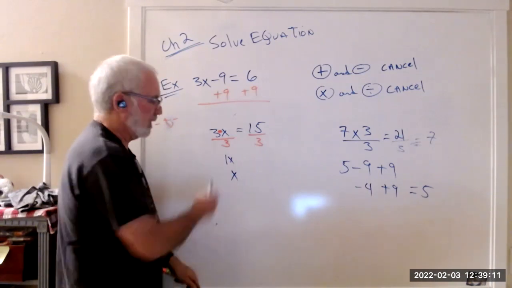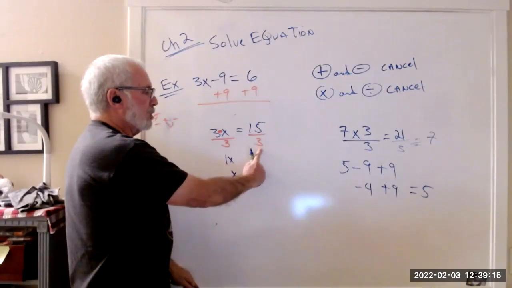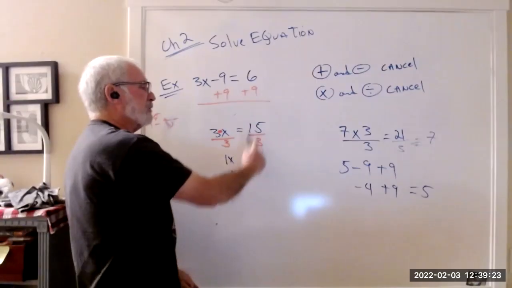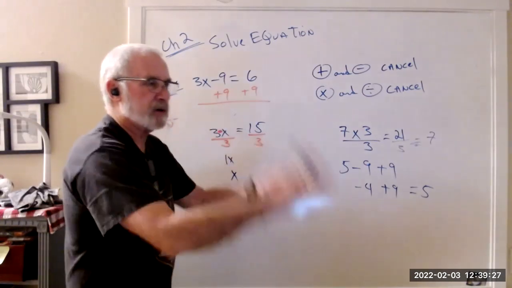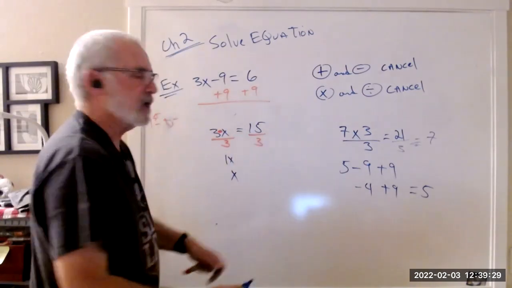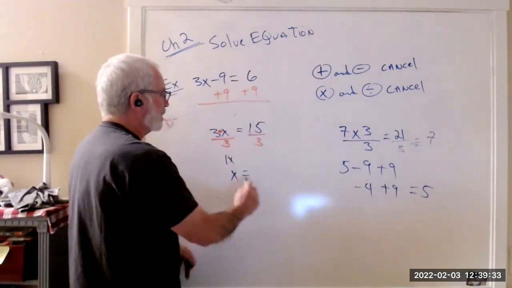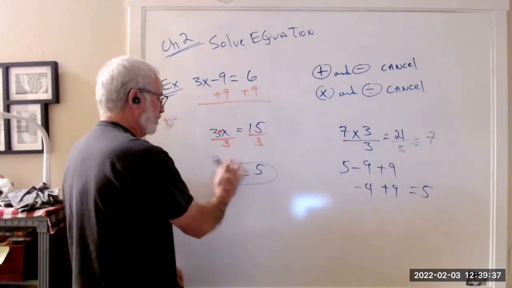But what's the purpose of this 3? You're going to divide, but why did I stick a 3 up there? Why did I put a 5? Why didn't I put a 7? For balance. So the equal sign comes straight down. This is 5. This is our solution.